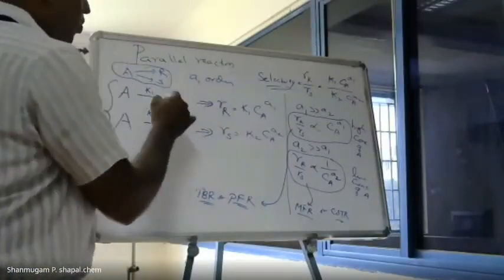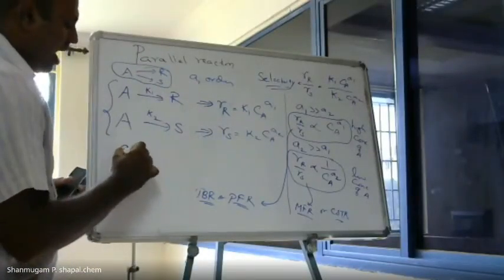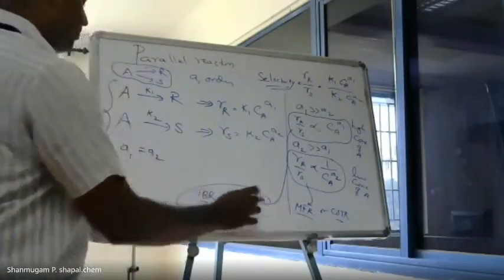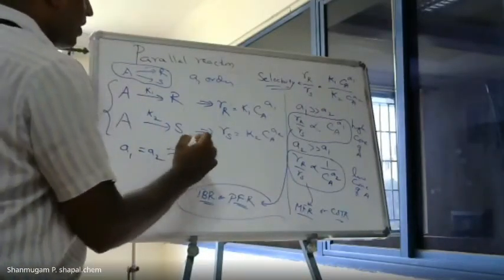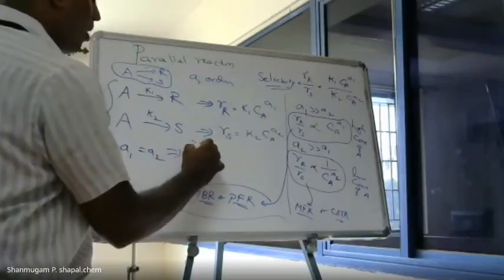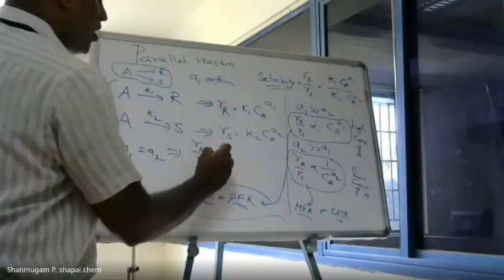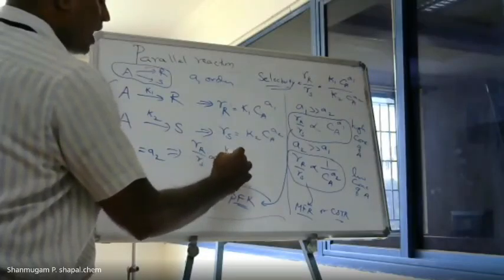So if both reaction mechanisms give the same order, then RR by RS will be more dependent on K1 by K2.